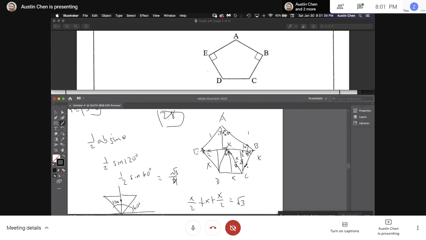Maybe connect AD and AC. That could be a way. Also, drop A down. Also connect, I don't know, DB and EC, but that's kind of weird. Okay, yeah, a lot of ways to do this.